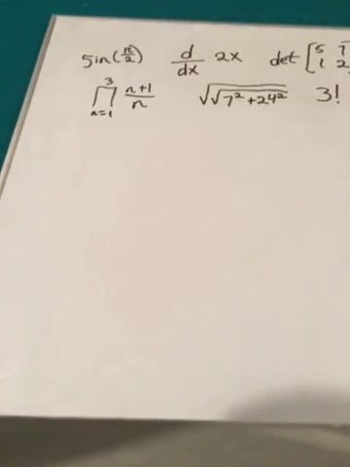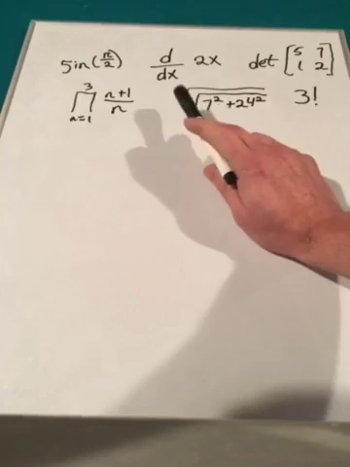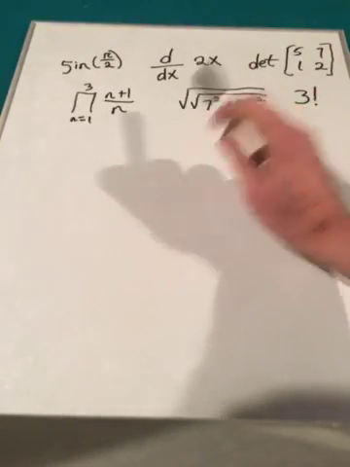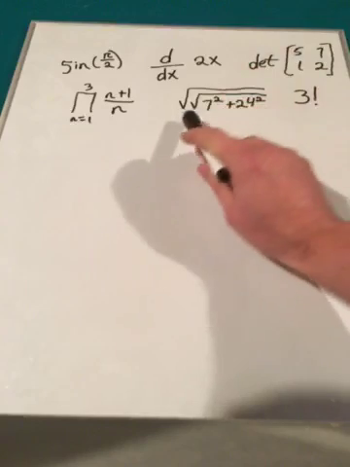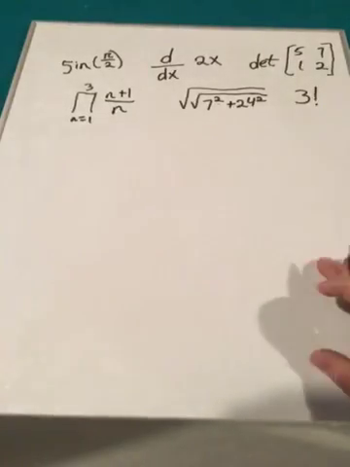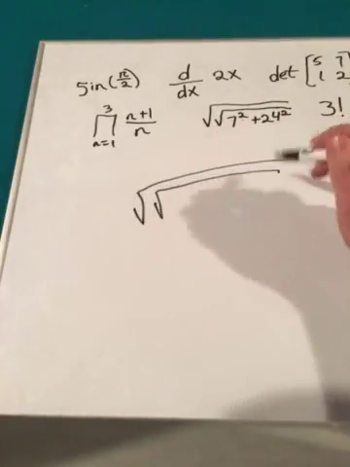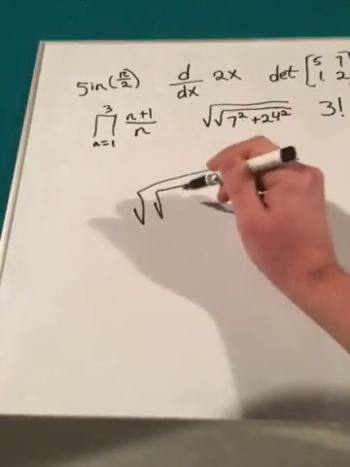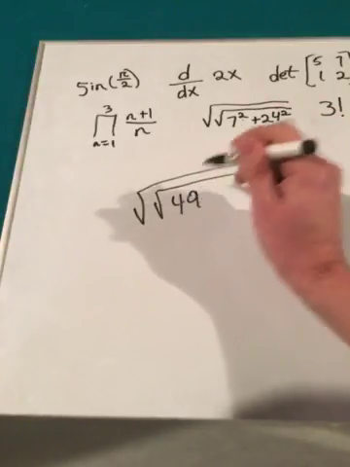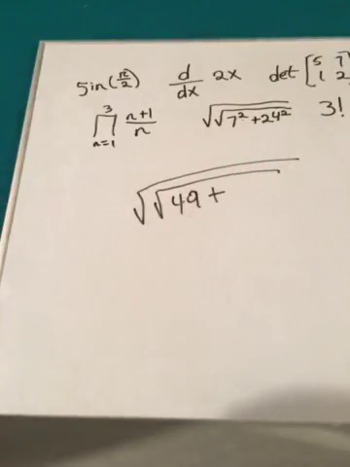How about the number 5? Well, I claim the number 5 is written right here: the square root of, and again, a square root inside of the square root. So you have the square root of the square root of 7 squared plus 24 squared. What is that going to be? Well, 7 squared is 49, and then plus 24 squared. What is 24 squared?